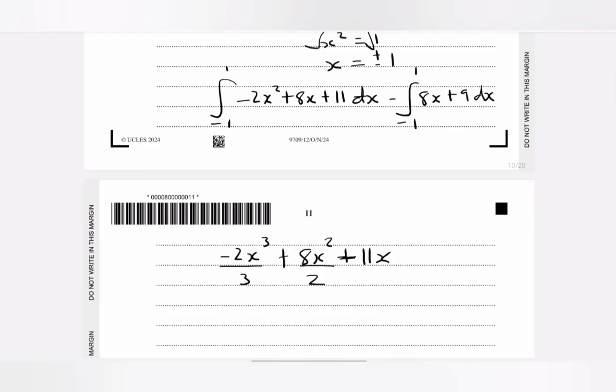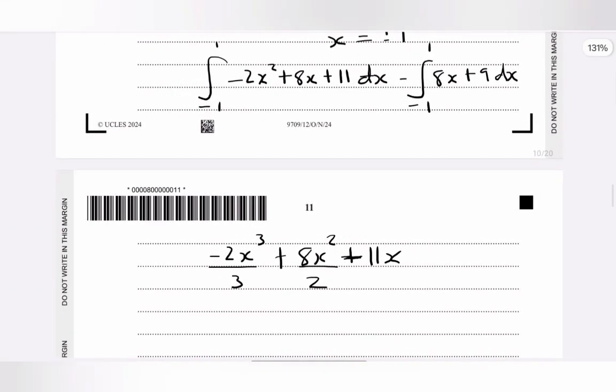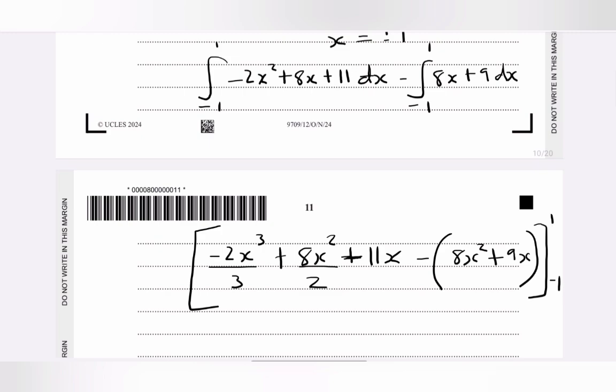When we integrate a constant, we just add the variable we're dealing with, and we're going to subtract 8x squared plus 9x, like that. And since we're dealing with the same limits, we can combine it like this.